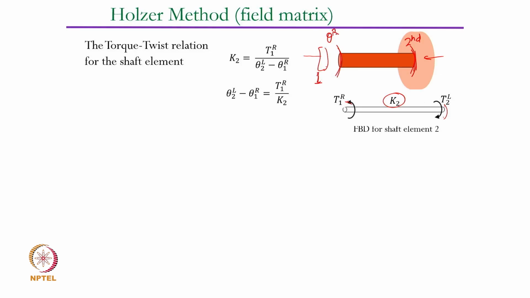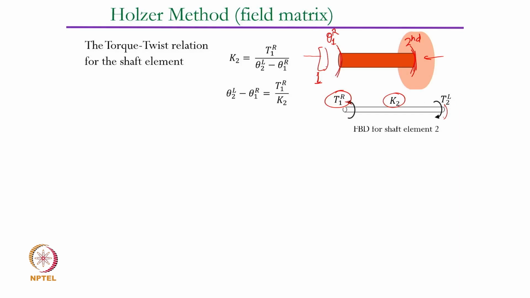So this is going to be theta R1. The previous disk will be disk number 1. So on the right side of that disk number 1 will be theta 1R. Just like the torque on the right side of that disk is going to be T1R. So T1R and T2L are going to be identical.